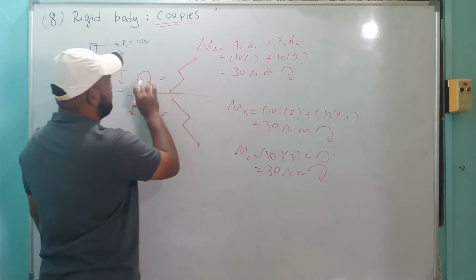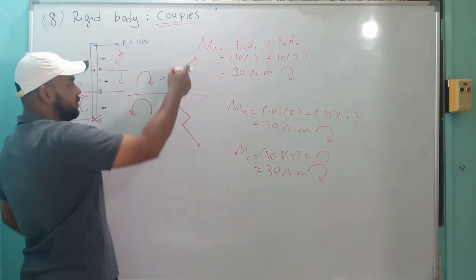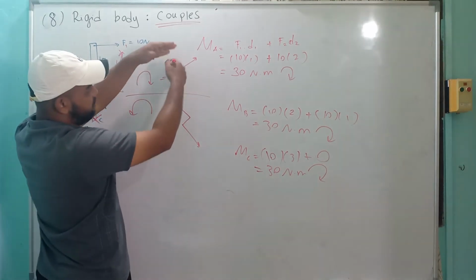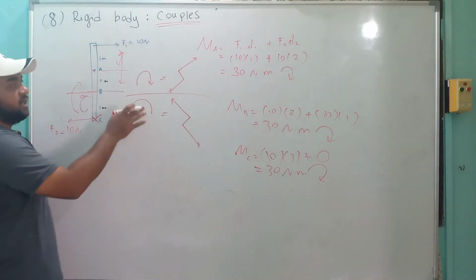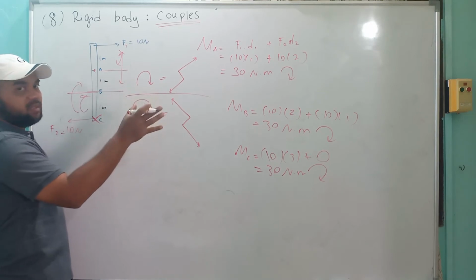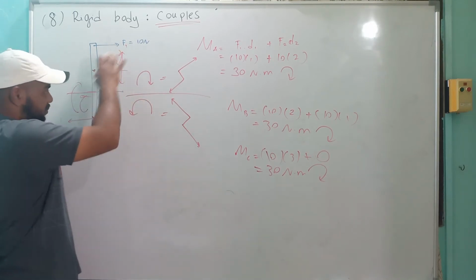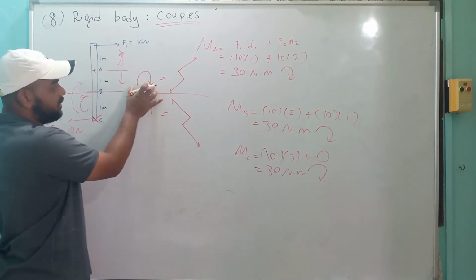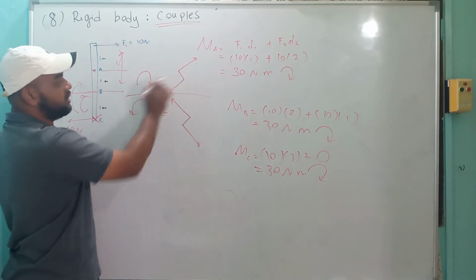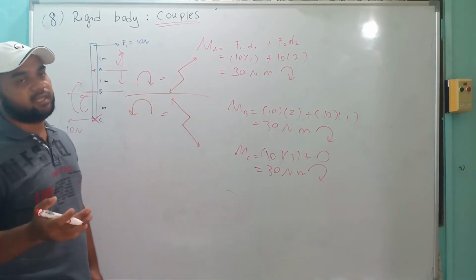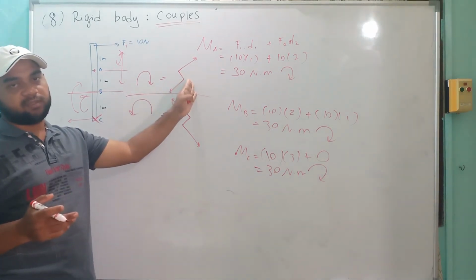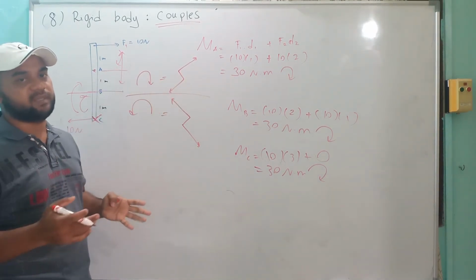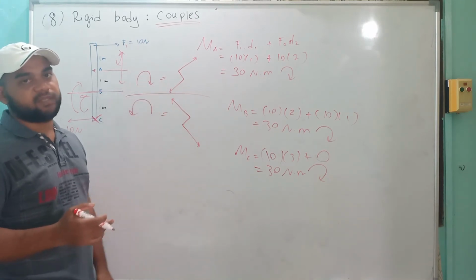Either this one or that one: both have the same magnitude and opposite directions, and create a clockwise moment, while this one will create a counterclockwise moment. So we can represent the moment created by this couple as a moment here, clockwise or anti-clockwise, or in this form. In the questions later on, you will see that some will give this one and some will give that one, but it is the same thing, and you can represent it as either of these.